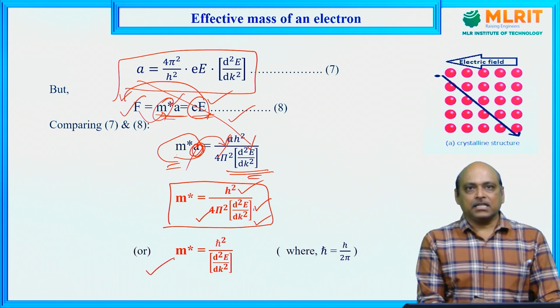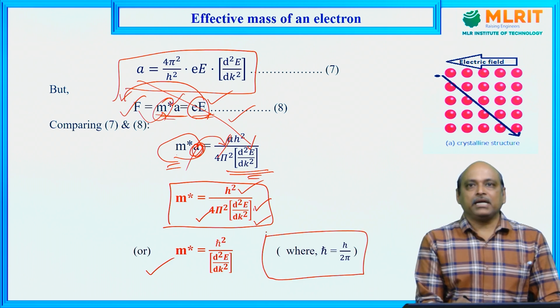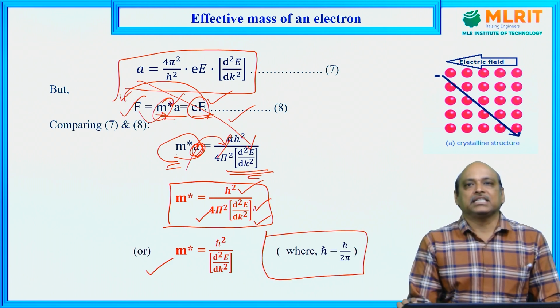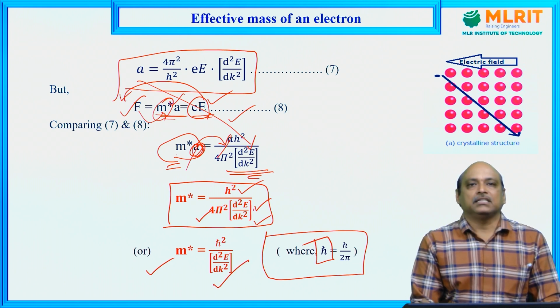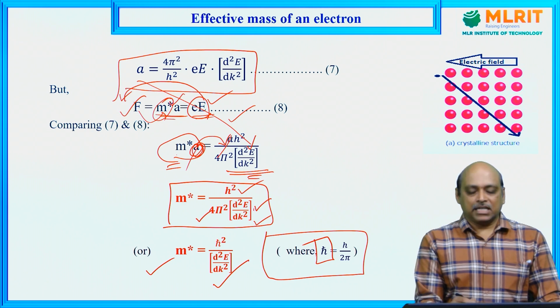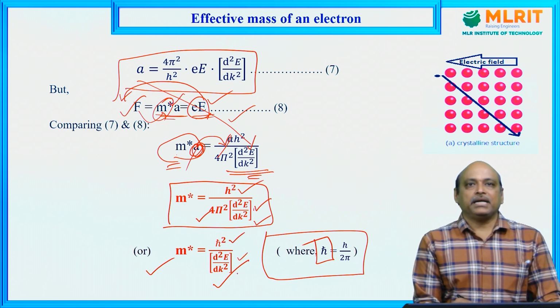Overall we can write m* in terms of h/2π, which is nothing but ħ, the reduced Planck's constant. In terms of that we can write the same equation as m* = ħ² / (d²E/dk²).